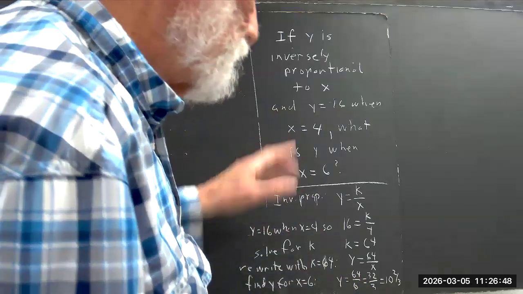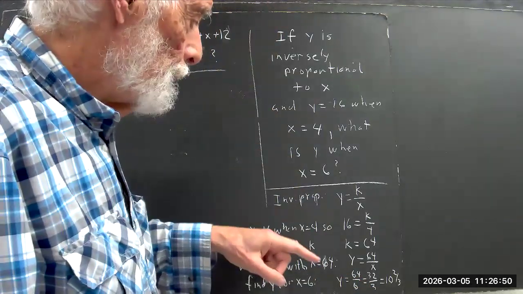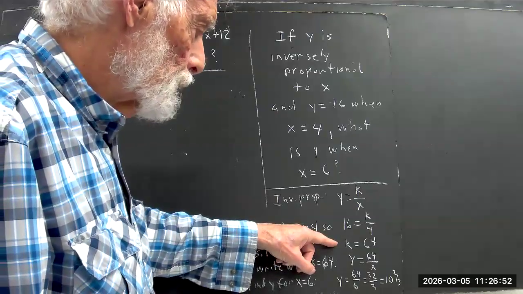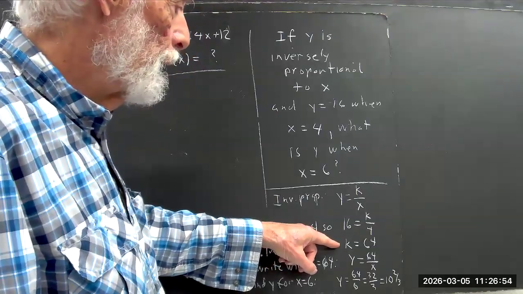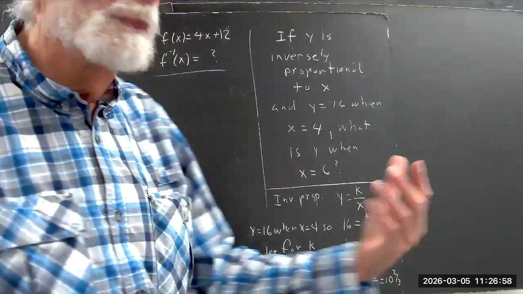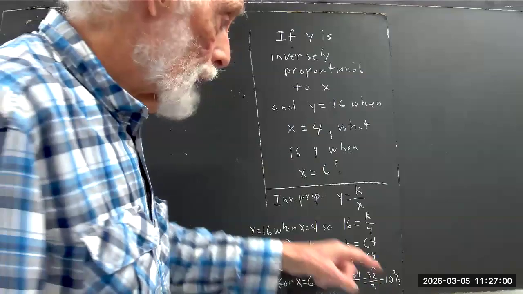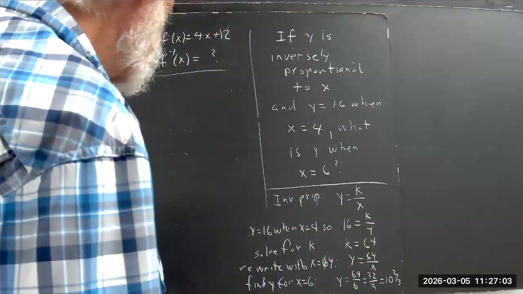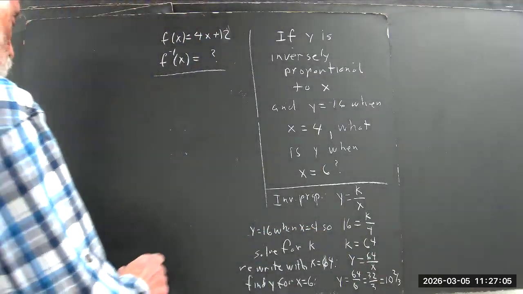Now, I think there was an error I saw in one paper in evaluating k, but you've got 16 equals k over 4. You multiply both sides by 4, and it gives you k equals 64. So let me write out that step.